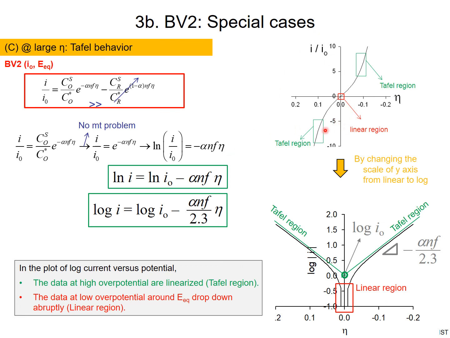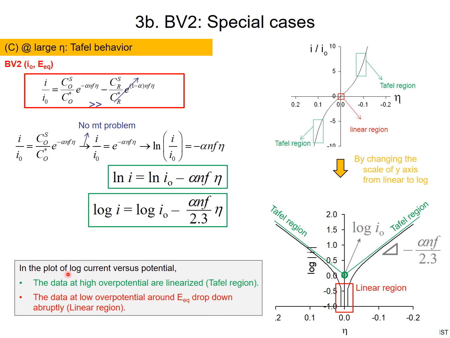Here is the current versus overpotential, and by changing the scale of the y-axis from linear to log, we could finally obtain the new coordinate appropriate for these equations. Right now, the y-axis is log current and the x-axis is still potential.